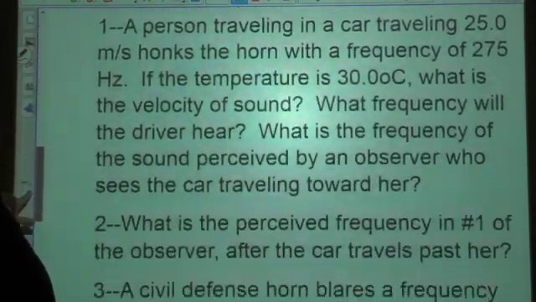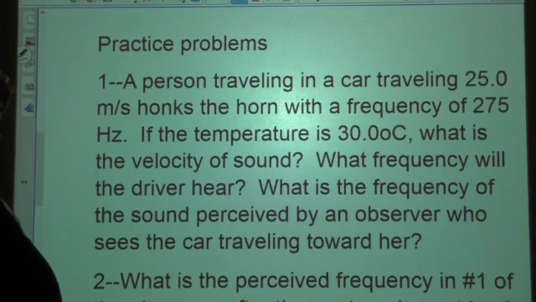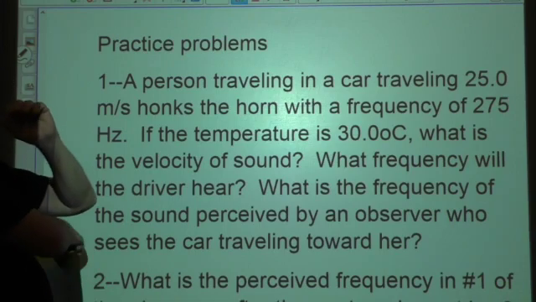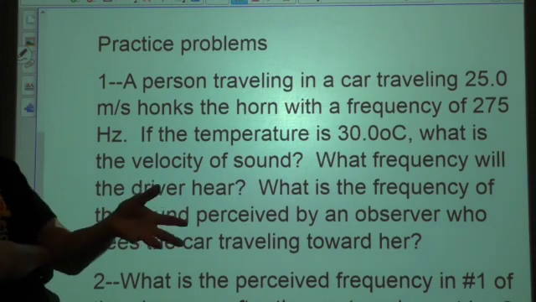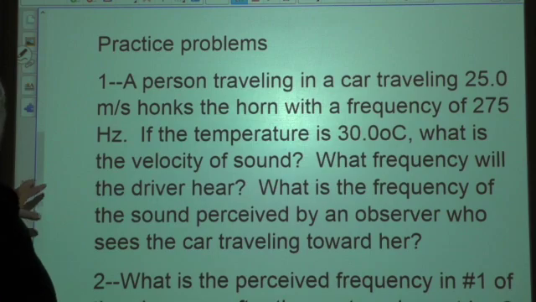Okay, so your practice problems are at the bottom of the script. You're going to be asked to come up with velocities in air that we've done before. So go back through, and if you don't remember the formula, use that.